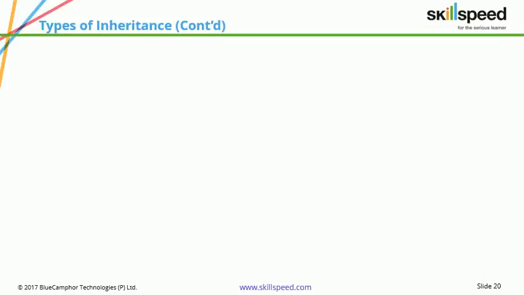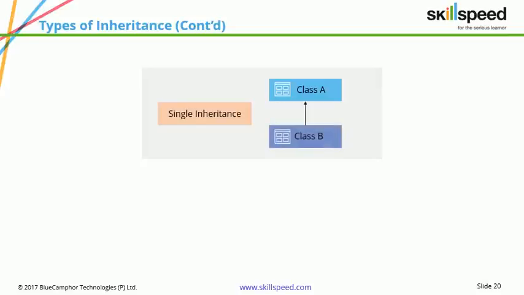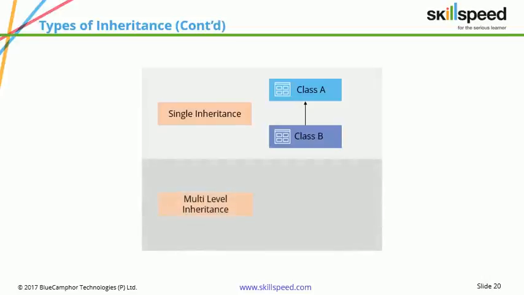Let us look at the diagrams which show the types of inheritance. We have four types of inheritance. The first one is single inheritance, in which one class will inherit one another class. Example: class A is inherited by class B. We have the next type as multi-level inheritance, in which one class is inherited into the next class, and the next class is inherited into one more class.